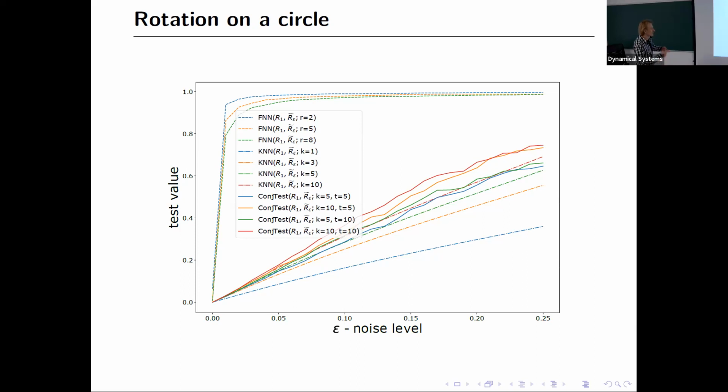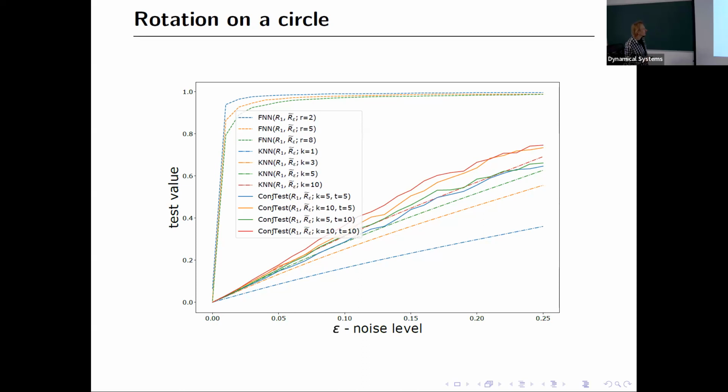They both were just rotations on a circle, but I wanted to see how sensitive our statistics are to noise. The message from this slide is that the conjugacy test, at least in this case, continuously depends on the level of noise.